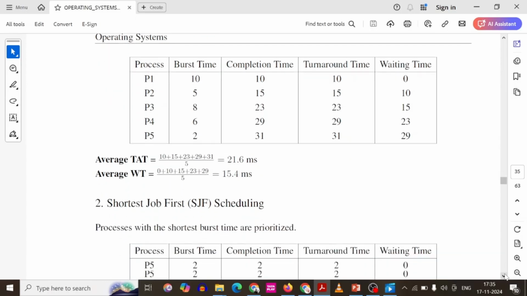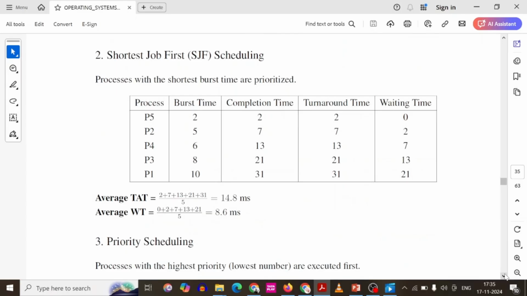The second one is shortest job first scheduling. Here the process with the shortest burst time is prioritized.